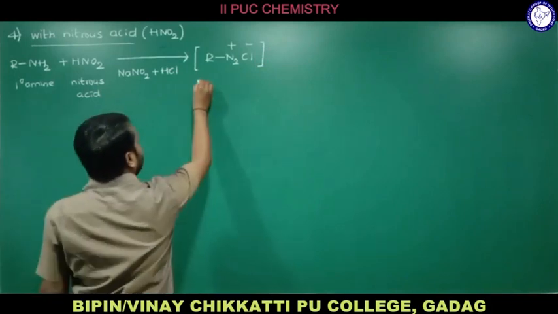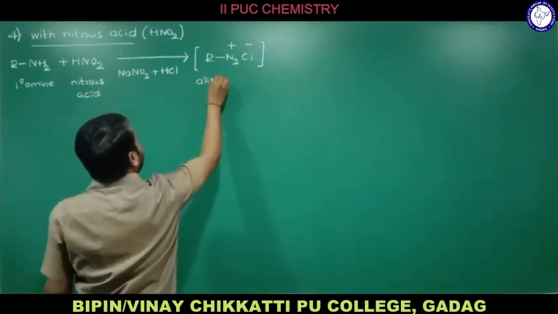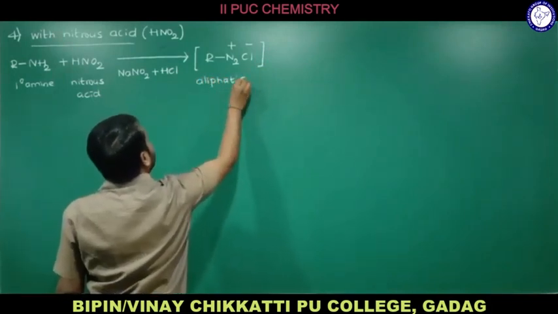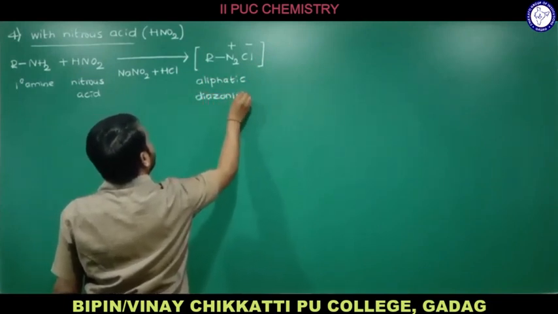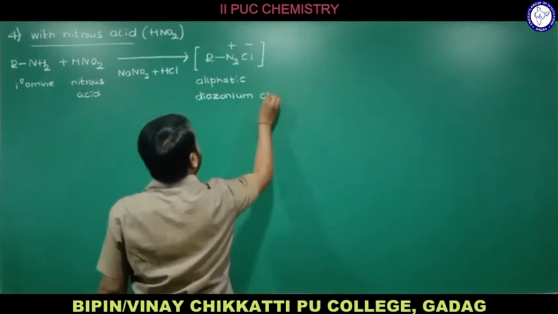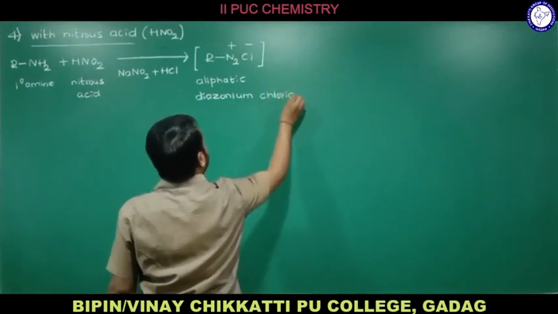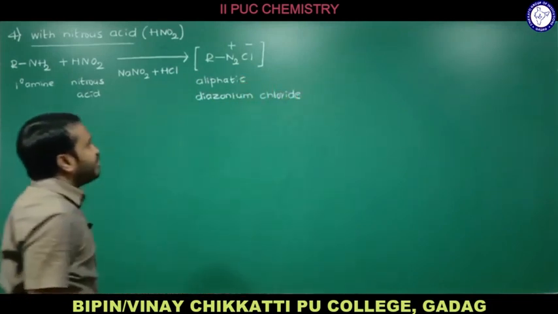The name of this compound is aliphatic diazonium chloride. So this is a highly unstable compound.